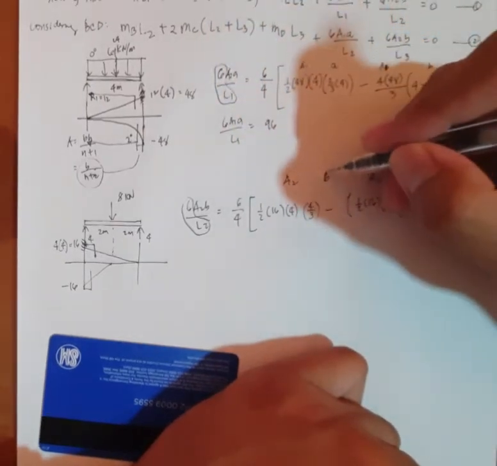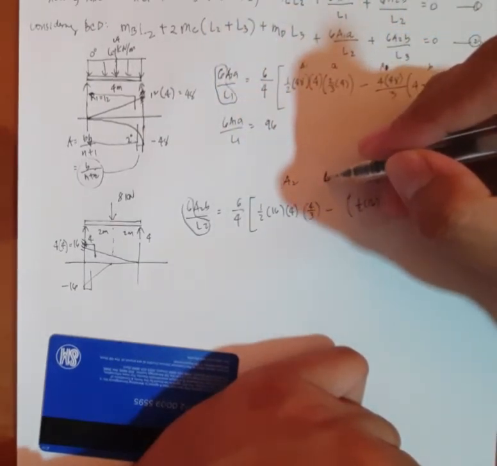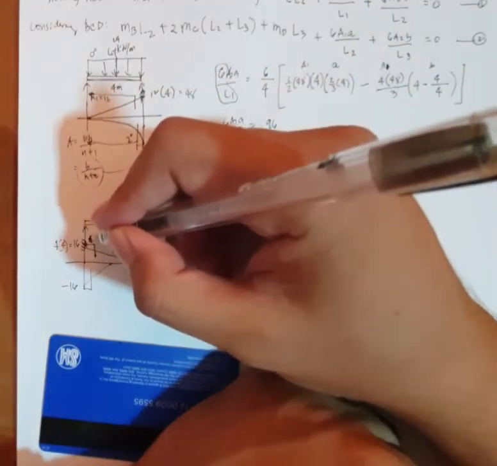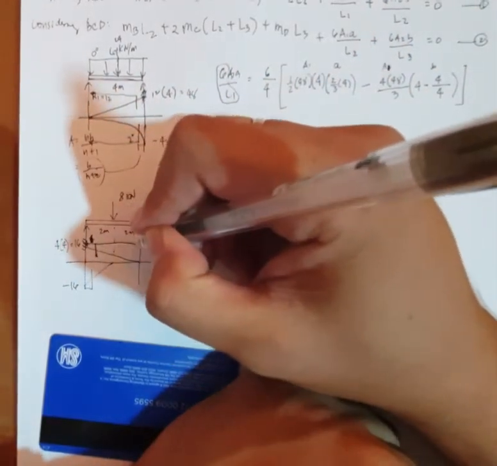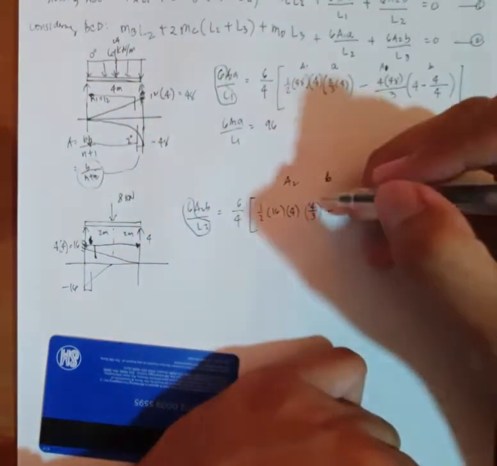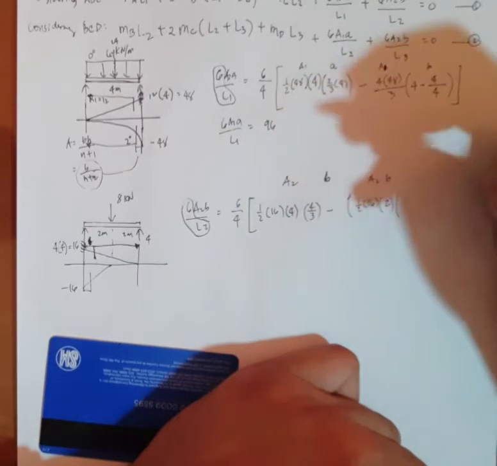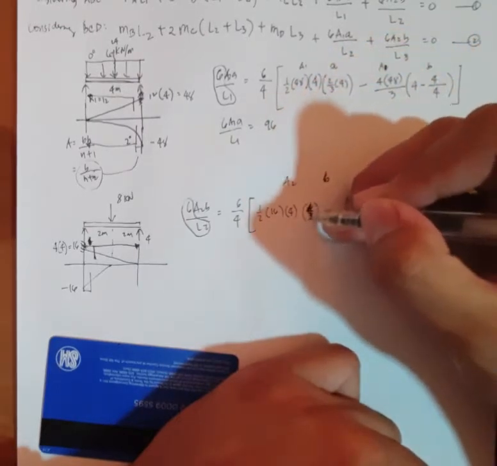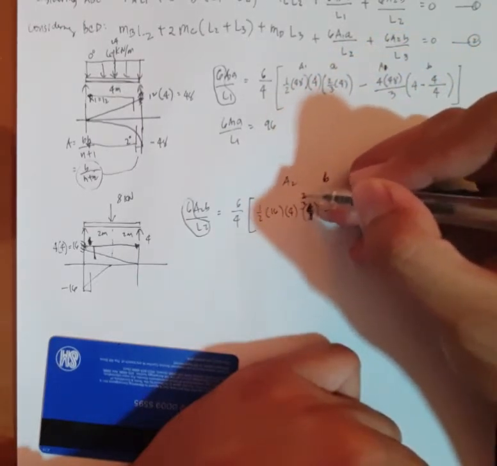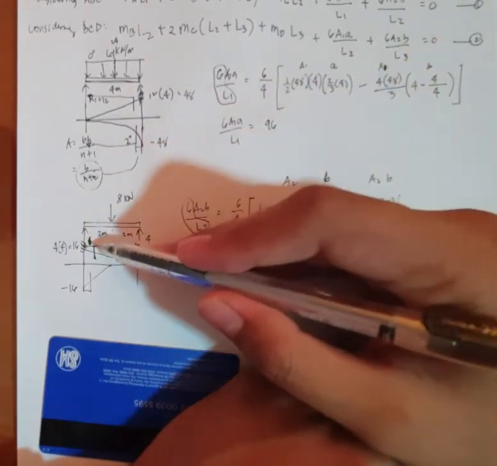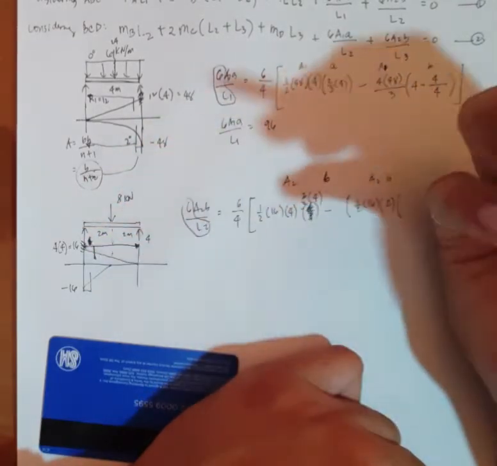So B is towards the right, so this is not towards the right, we are going this way. So that is 2/3 of 4. 2/3 of 4, that is 1/3 of 4.